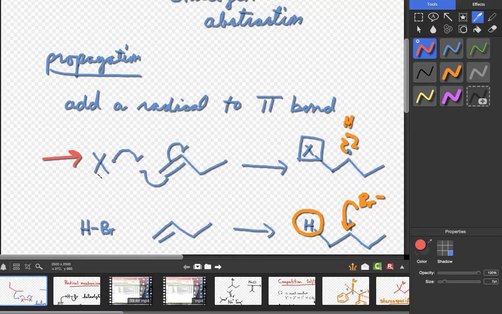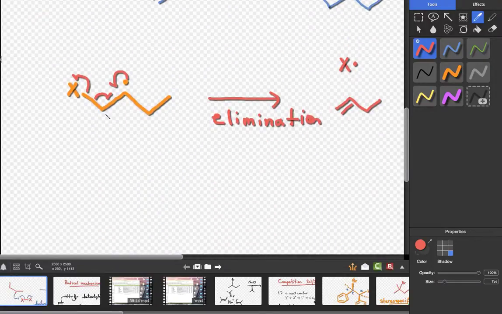Here I am adding a halide radical to a pi bond to make a carbon radical. Here I am eliminating a halide from a carbon radical to make a halide radical. So there are four propagation mechanistic patterns: abstraction of a hydrogen, abstraction of a halide, addition, and elimination.